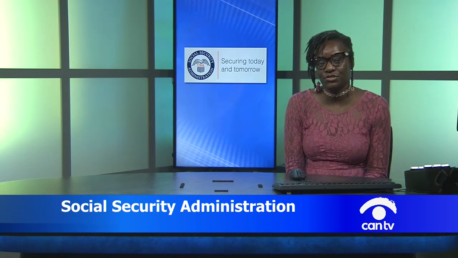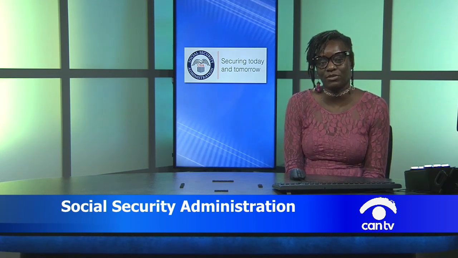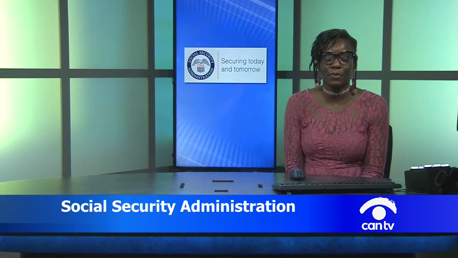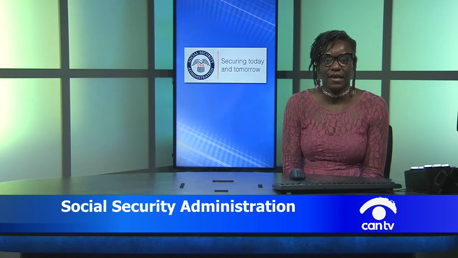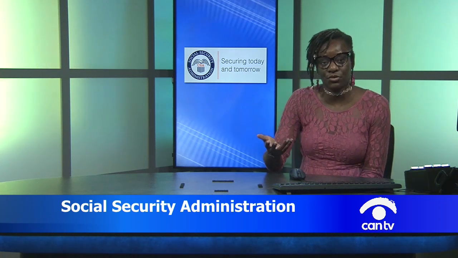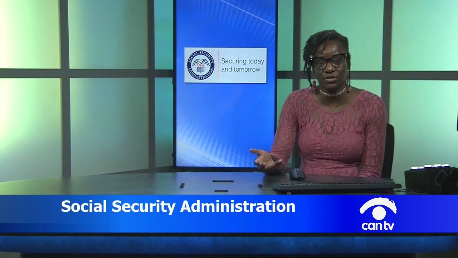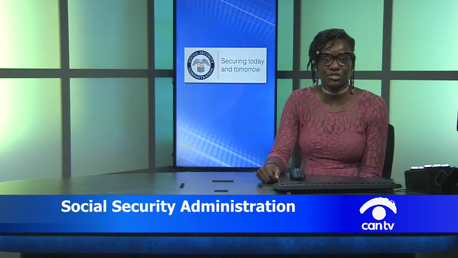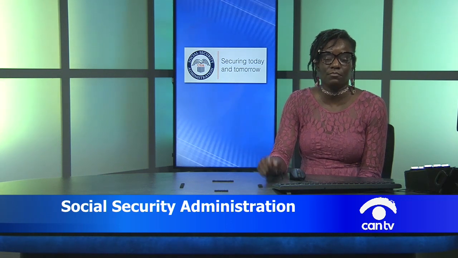Now, you don't have to choose both Part A, which is the hospital insurance, and Part B, which is the medical insurance, if you plan on continuing working after you turn 65. You have to be working and insured in order to refuse the Medicare insurance or the Part B Medicare insurance.